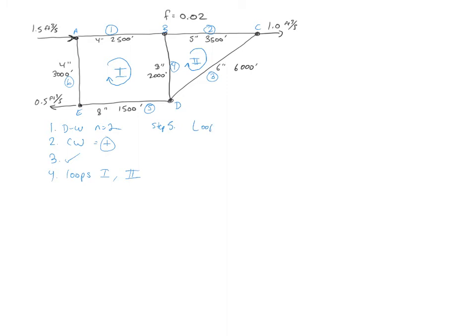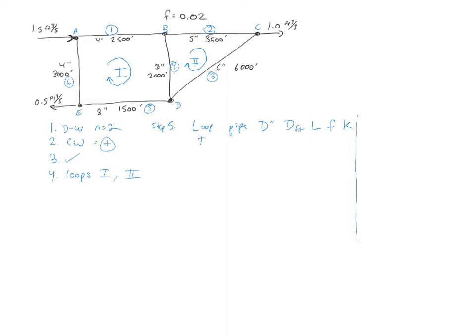We've got our loop, we've got our pipe, we've got the diameter in inches, diameter in feet, the length, the friction factor, and the calculated value of K. Leave some space over it on the right hand side that we will use later.